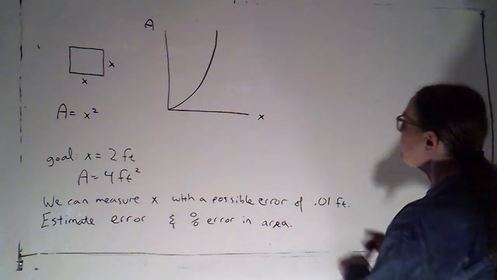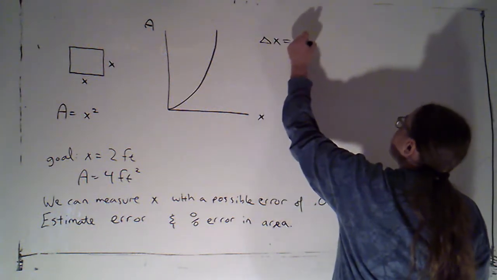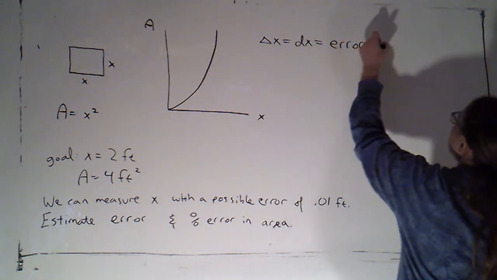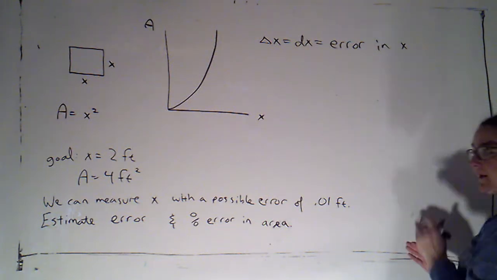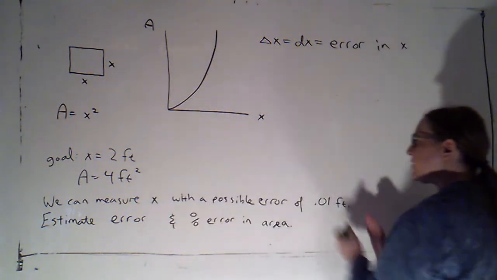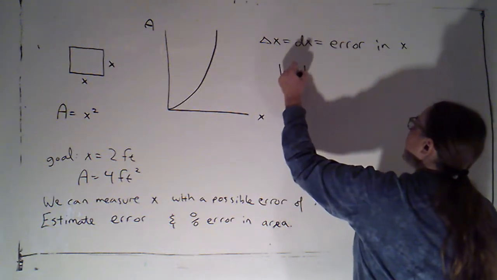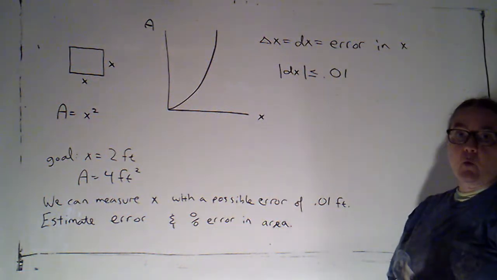Basically delta x, which we will choose to set equal to dx, is the error that we can make in measuring x, which is the side length. Realistically, if they can measure x with a possible error of 0.01 feet, the absolute value of dx is less than or equal to 0.01.